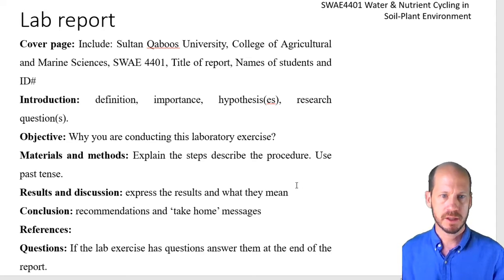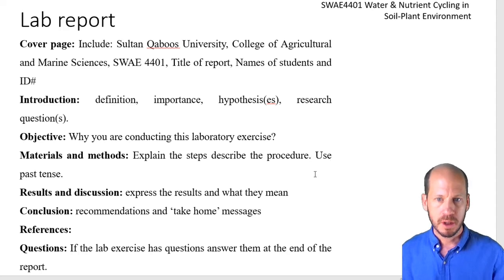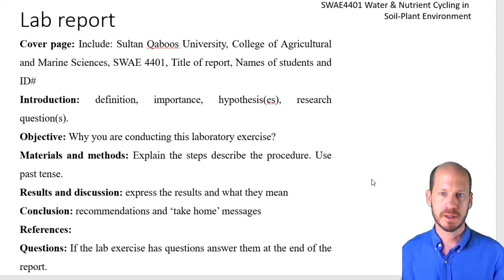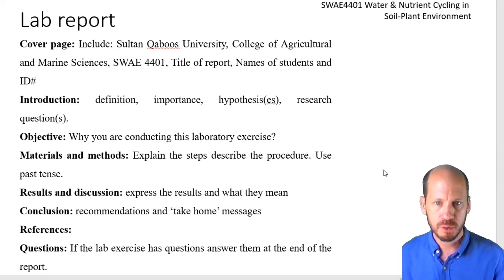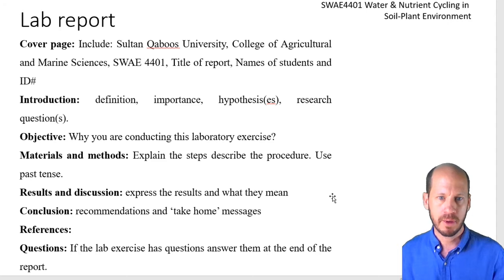Then the next topic will be materials and methods. In the materials and methods, you should always use past tense, and do not use bullet points. Try to describe the methods used in sentences, and it's useful to look at other scientific literature and how they do it, and try to mimic the type of language they use to explain the methods.